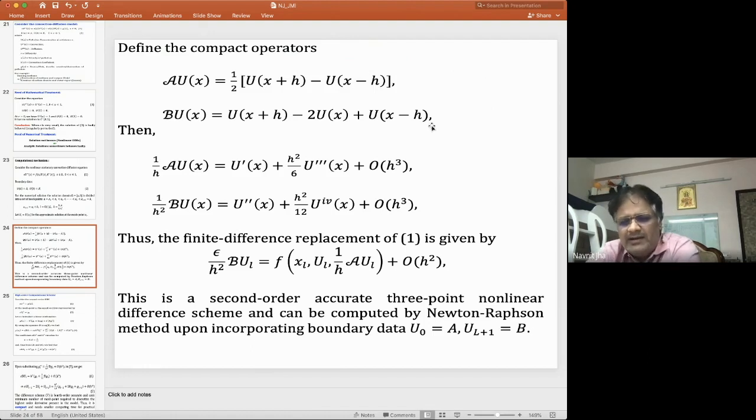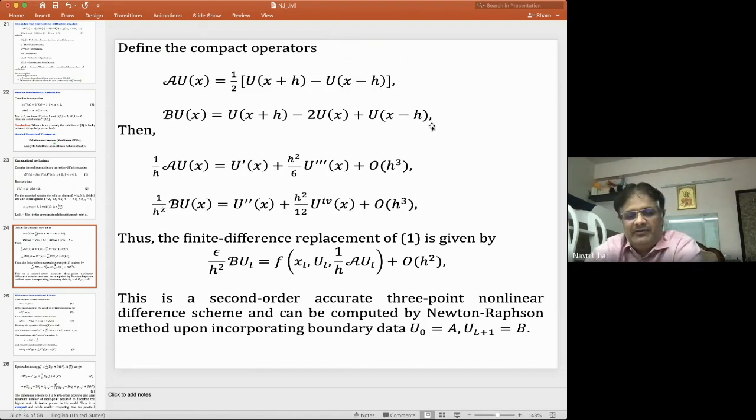The second one is exactly the same as the second central difference operator, and the classical notation for it is delta square. So delta square in this case is B. I have chosen different notation, curly A and curly B, because later on we are going to implement non-polynomial basis, and there the symbol delta is not used.